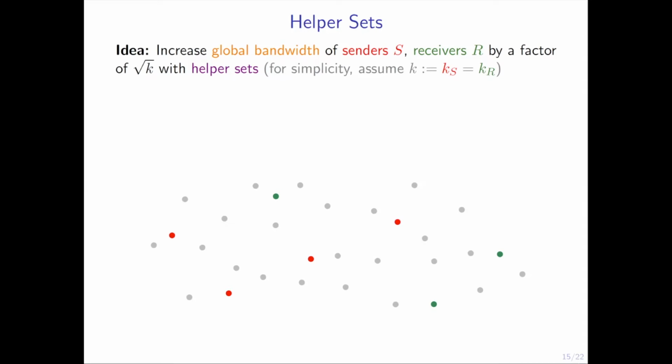And these helpers are very close by to their respective sender and receiver, and the according sender or receiver can use these nodes to increase its own bandwidth over the global network.